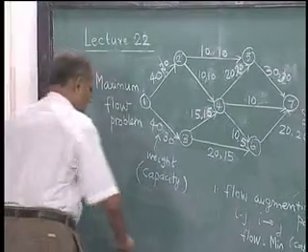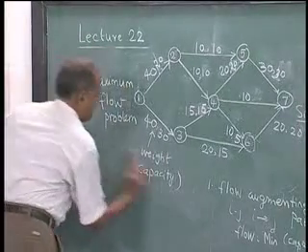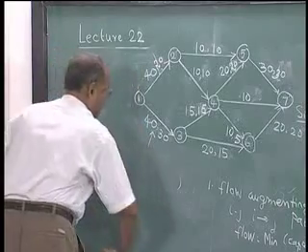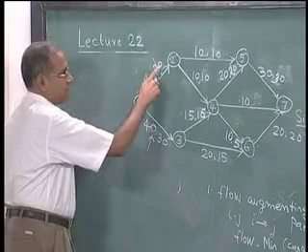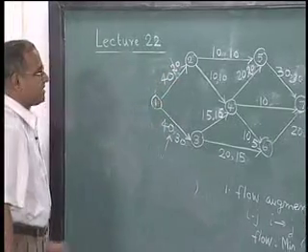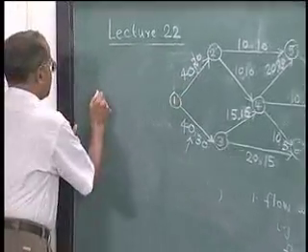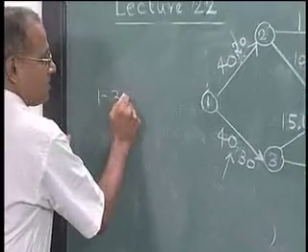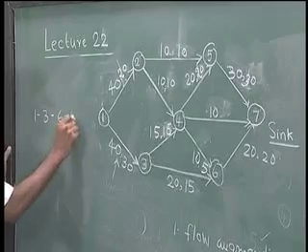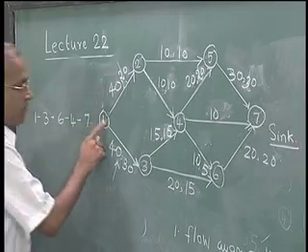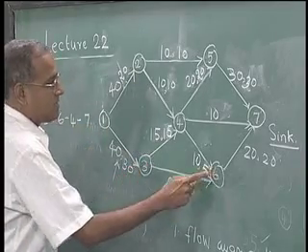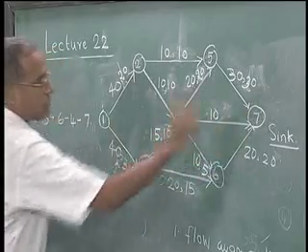Now, let us go back and consider a path like this, with this capacity and with this flow. Let us consider 1, 3, 6, 4, 7. Now, we are looking at 1 to 3, 3 to 6, 6 to 4 and 4 to 7.